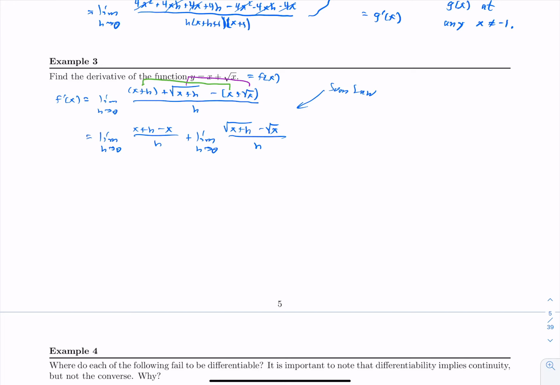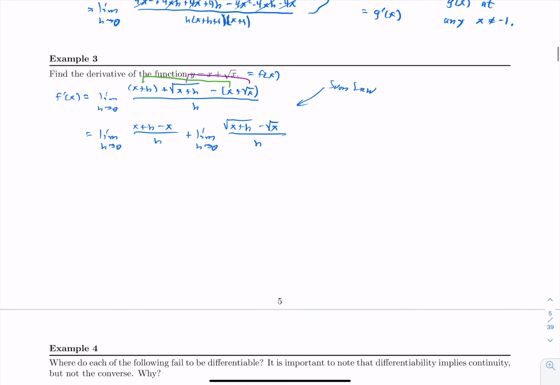I'm regrouping things a particular way, and then ripping the fraction apart and breaking it into two limit problems. One of them is easier than the other. Certainly the first one, the x's drop away. We have h over h, which is just 1, so this part's 1. So we're done with the first one. If you look back at the original function, you can see that the first part is the function y equals x, and that's linear and its slope is 1. So we should have gotten 1 for that part.